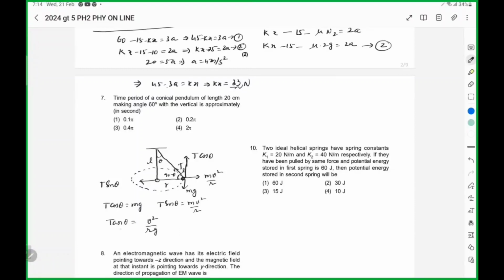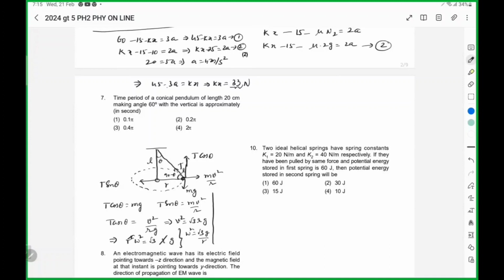Here theta is given as 60. V square will be root 3 r g. Since it is moving in a circle of radius r, v will be r omega, so r square omega square is root 3 r g. R gets cancelled. Omega square is root 3 g by r.